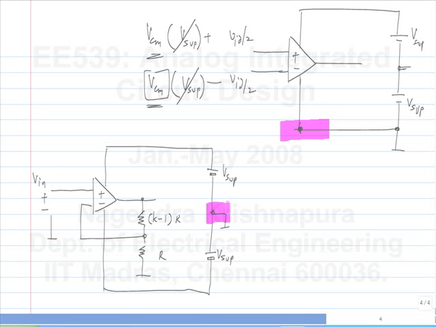And the output also appears between here and ground. So how do I operate this with a single supply?